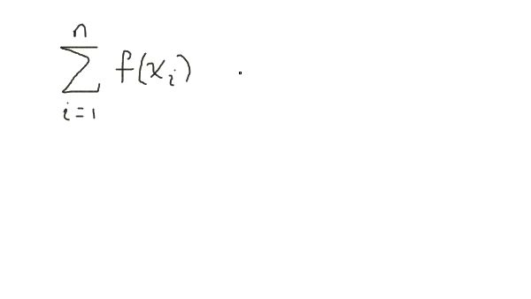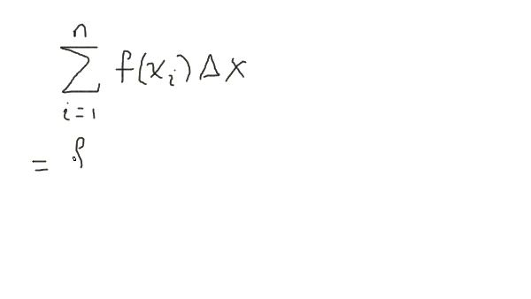All right, let's do one more here. Something that we're more likely to be working with shortly. We have the sum of i equals 1 to n. This time we're going to use the function f of x i times delta x.